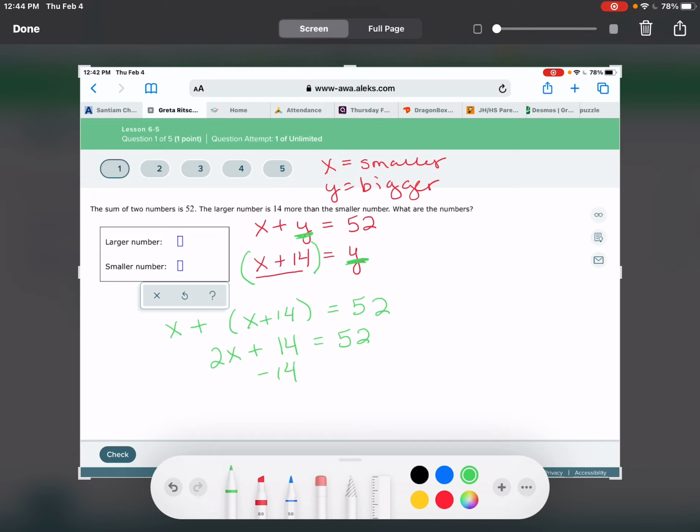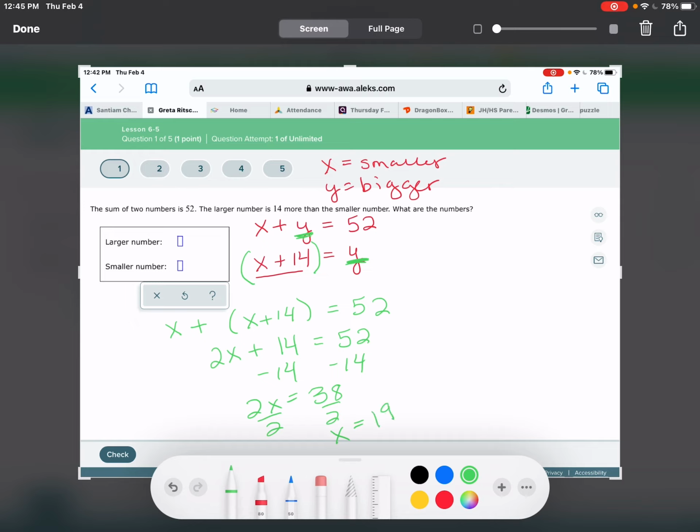Subtract 14. 2x equals 52 minus 14 is 38. Divide by 2 and get x equals 19.